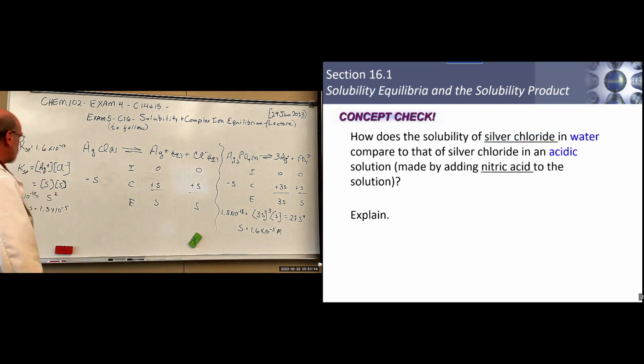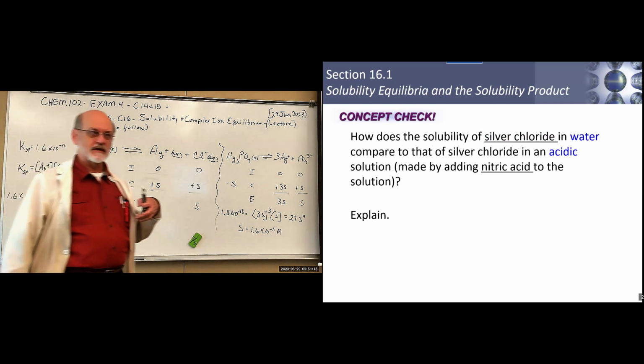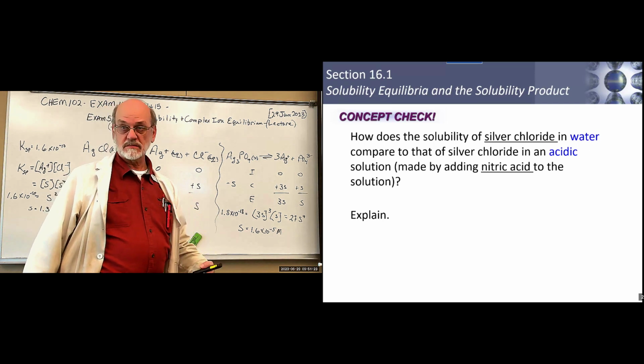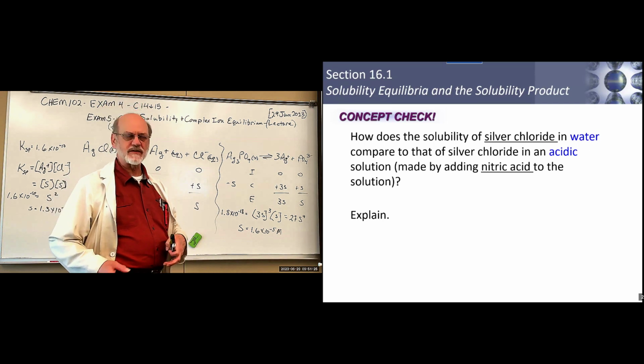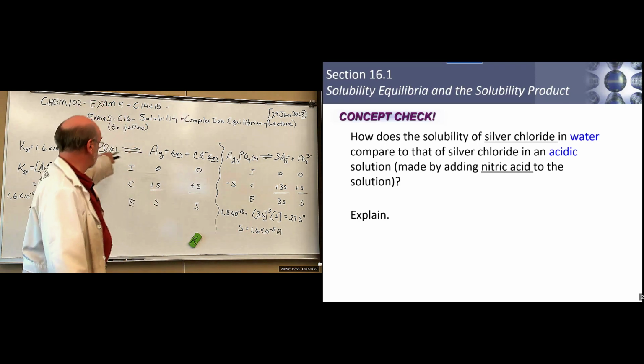All right. So now we want to look at situations where we're not dissolving the solid in pure water, but we've got some other components in the water, you know, acids, maybe some common ions to the solubility here.